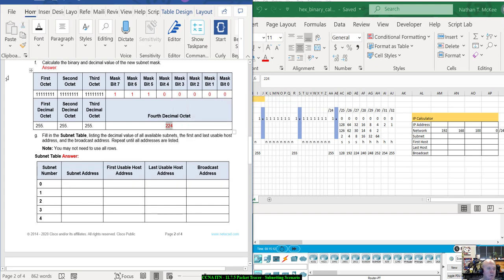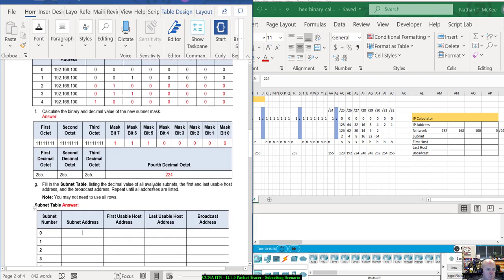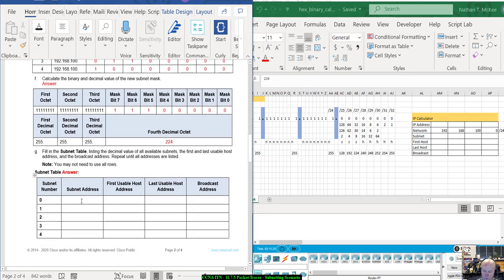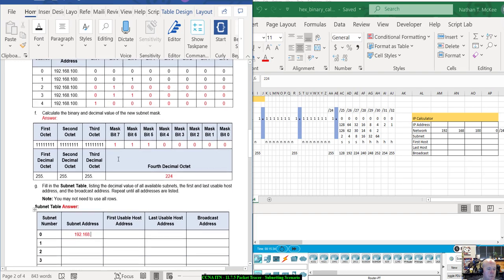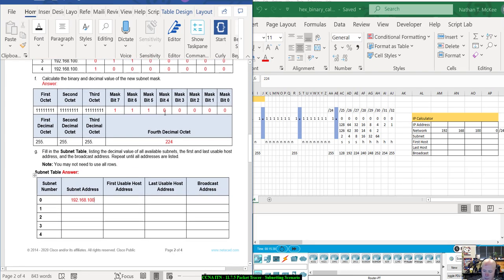So the first is 192.168.100.0, and the first host is 192.168.100.1.